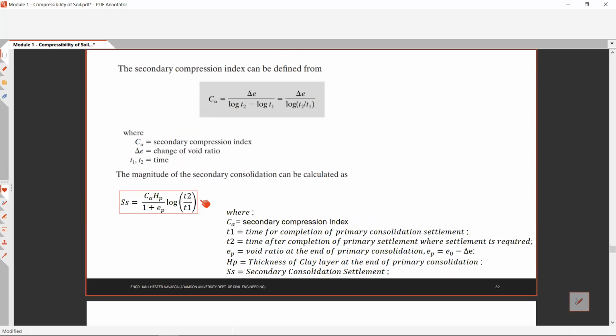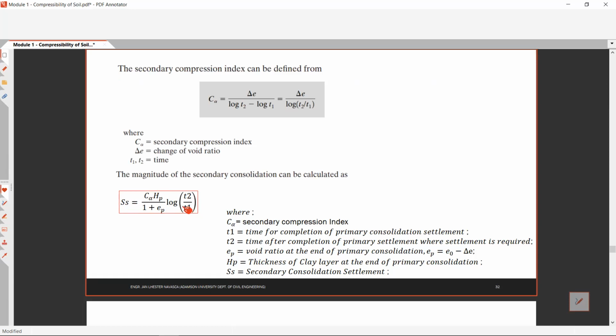The magnitude of the secondary consolidation settlement can be calculated as S sub S, the secondary consolidation settlement, equals C sub alpha H sub P over 1 plus e sub P, times log t2 over t1.